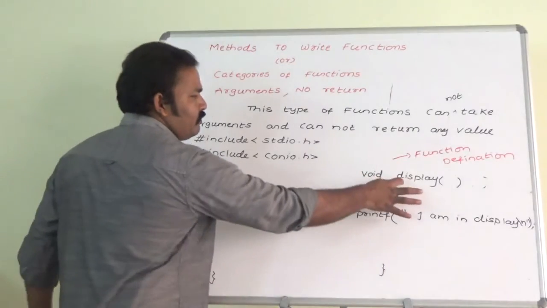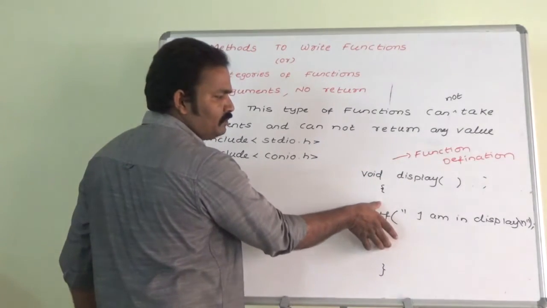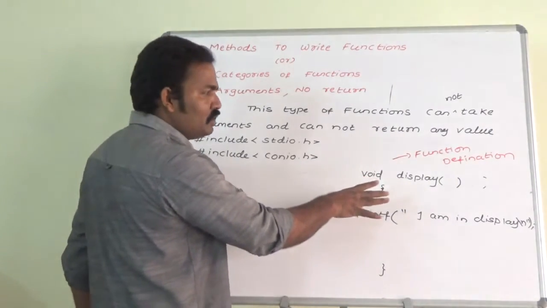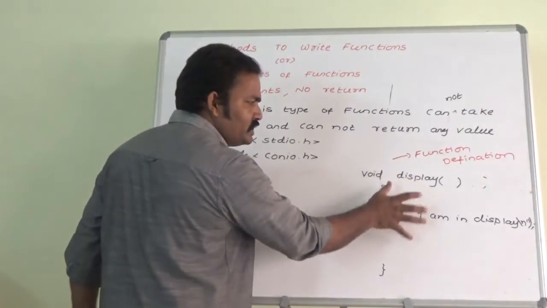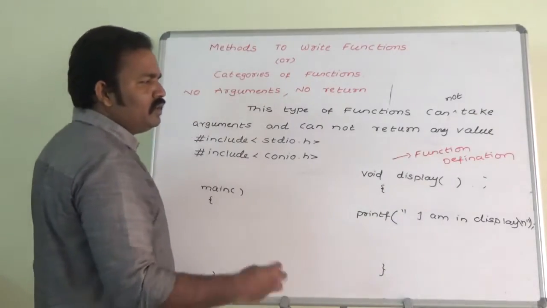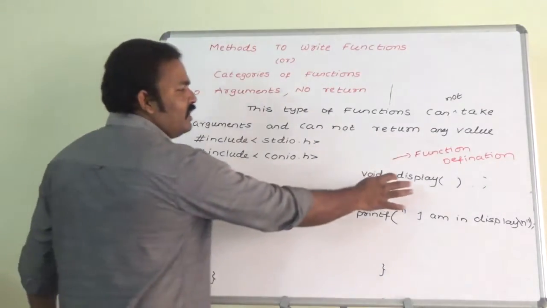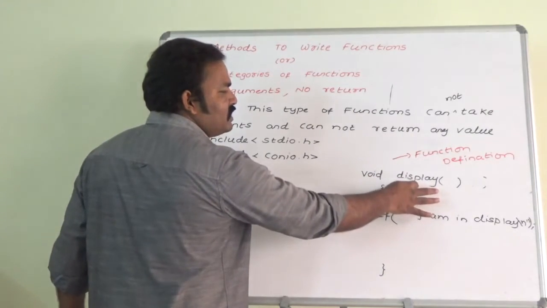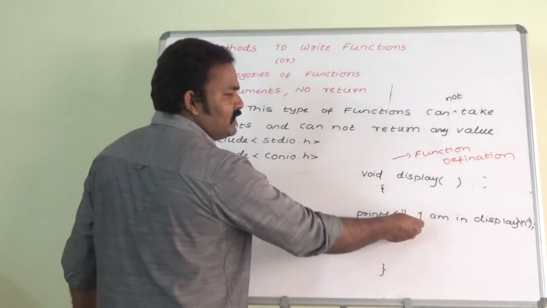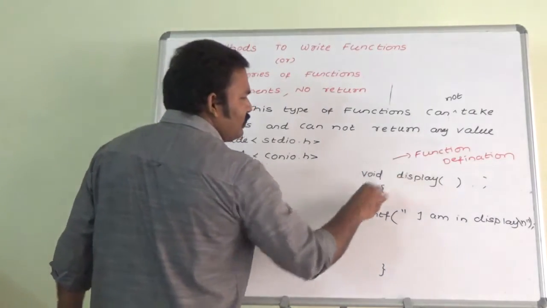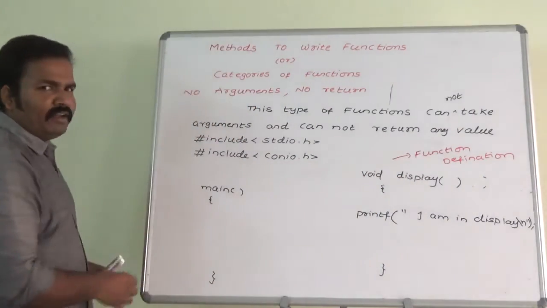What is a function? A function is a block of statements that gets executed on calling. So to execute this function, we have to call that function. Whenever we call the function, only then the statements in that function get executed. Now I am calling the display function from the main function.